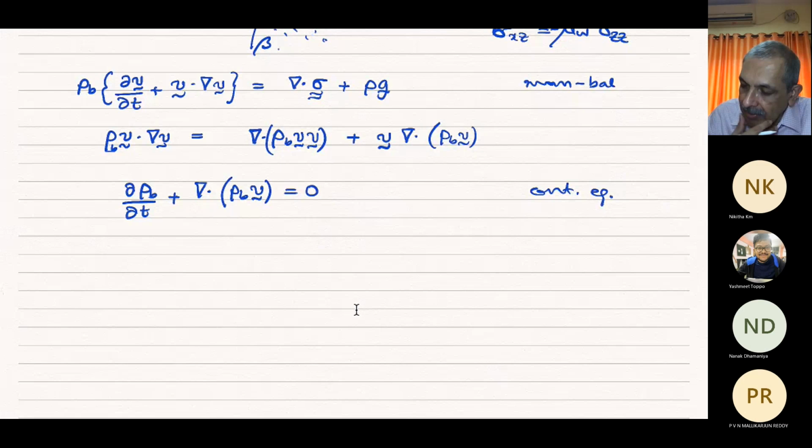So these are the two equations that we'll use, but I want to transform this momentum balance equation into something slightly different.